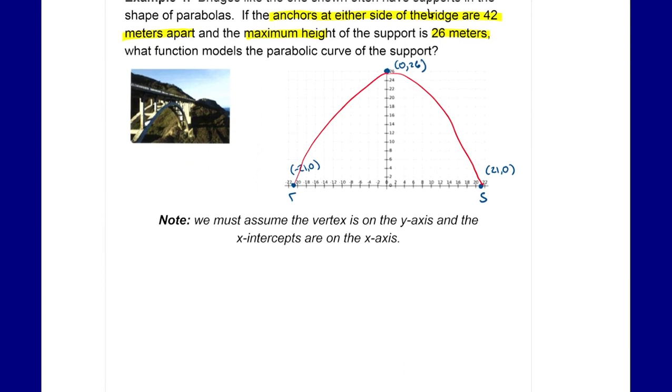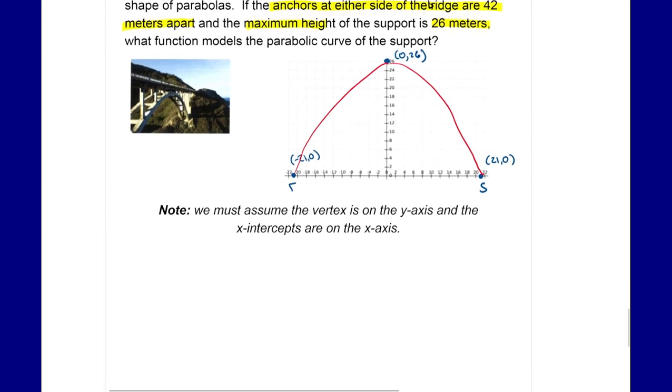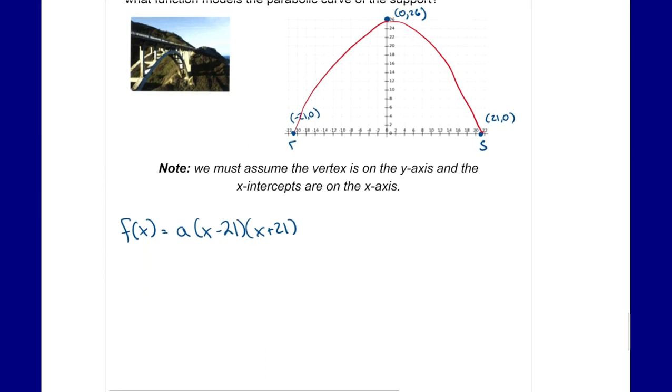So now that we have our roots and we have our point, we can plug this in. This one, let's use function notation just for the sake of doing something different. So f of x is equal to a times x minus 21 times x plus 21. Now I can plug in my point.